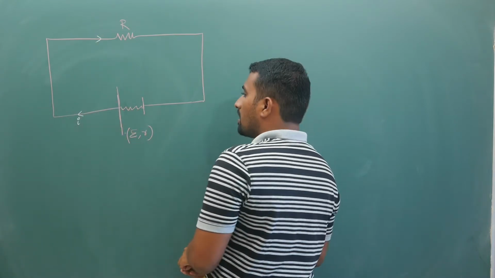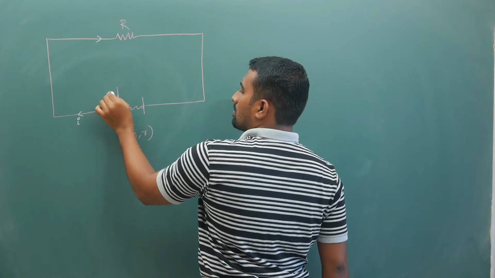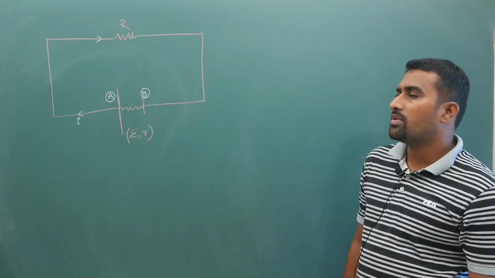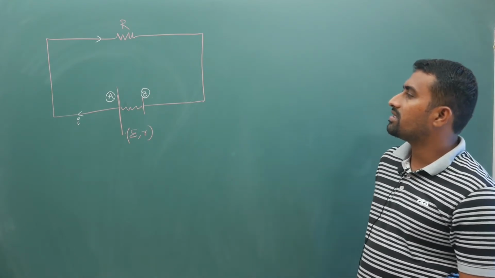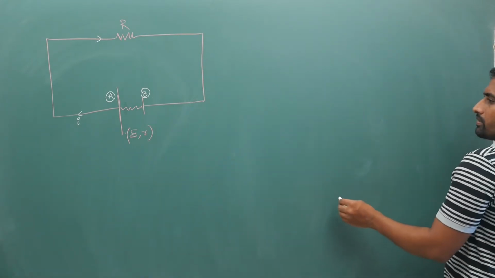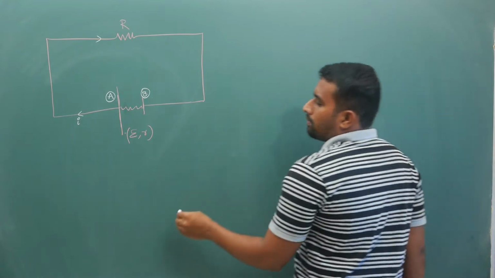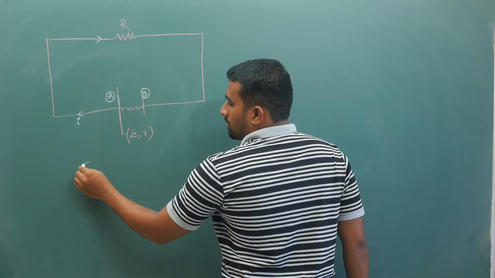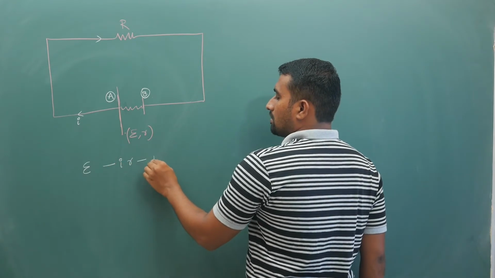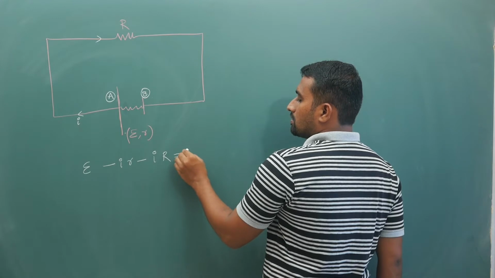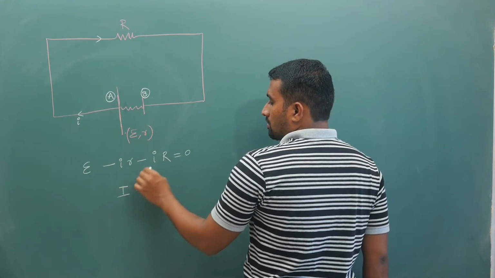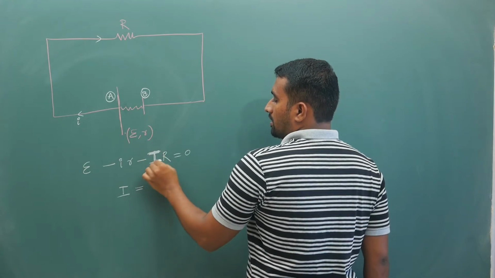Let me mark 2 points here, A and B. Now keep that aside. If you apply Kirchhoff's law, plus E minus I times small r minus I times capital R is equal to 0. From here, I will take I as the current.